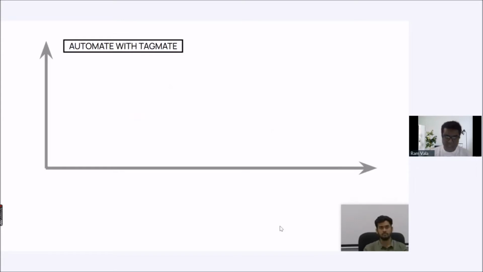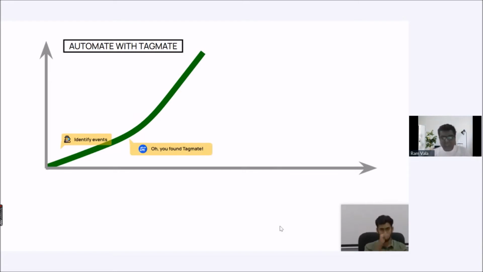Okay. So again, let's go back to the process or method that I mentioned earlier. Identify events is similar. Maybe you do not require Excel sheets, right? According to the tracking requirement, you use Tagmate's pre-built templates.